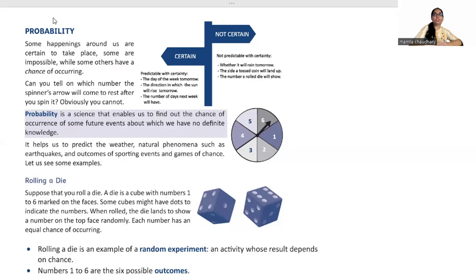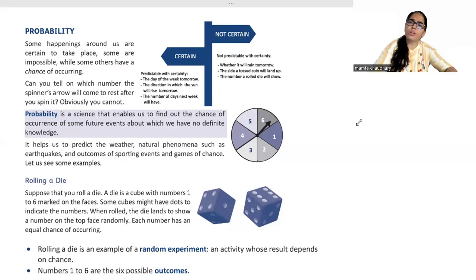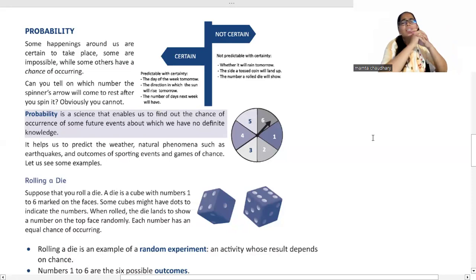Now see, children, probability. In our daily life, there are many events which are certain and which are not certain. It means there are some events where we can say, yes, those are certain.